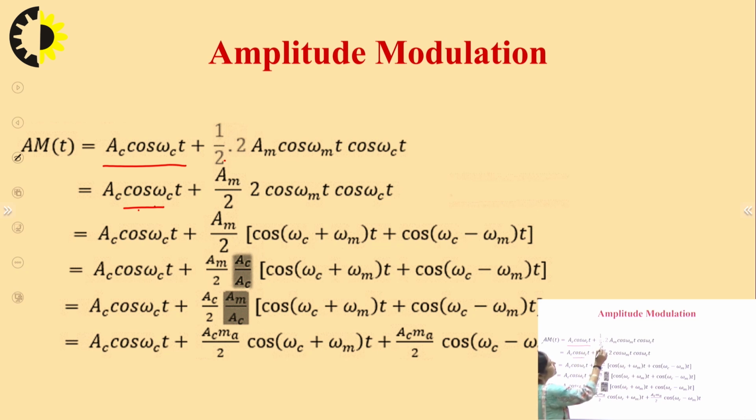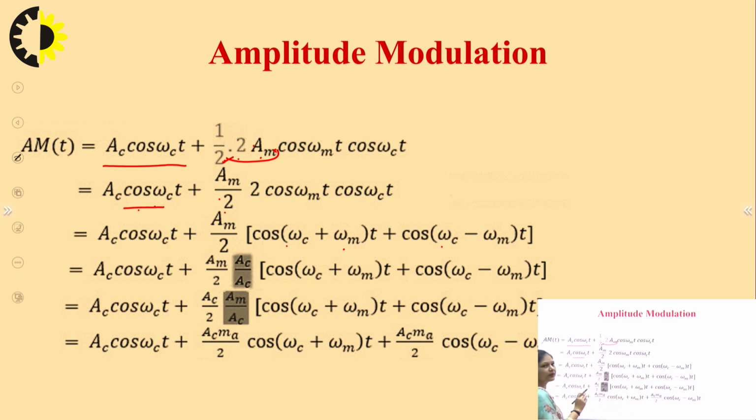It will remain the same. Now the 2 goes here, and ultimately we have Am by 2, times 2 cos omega m t cos omega c t. We know that 2 cos A cos B is equal to cos(A plus B) plus cos(A minus B).